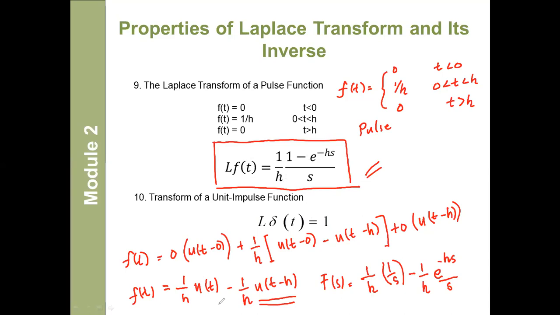So you no longer need to derive the Laplace transform one by one this way, because this was taught to you already and it was derived for you. So automatic, you just change whatever is the magnitude of the pulse here. This one is changed correspondingly. And this h here is this h that appears. So if this is a 2, this should be a 2. If this is 20, this entire thing is 20, this should also be 20. That's automatic. No need for you to go through this.